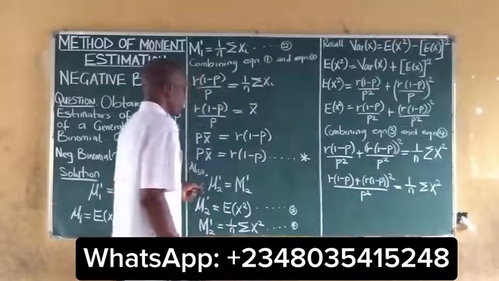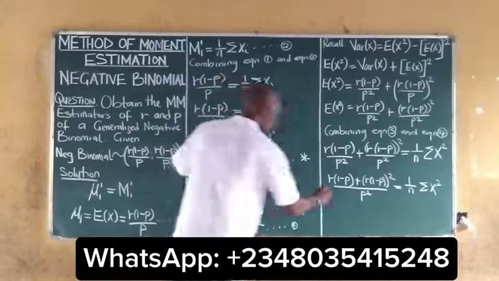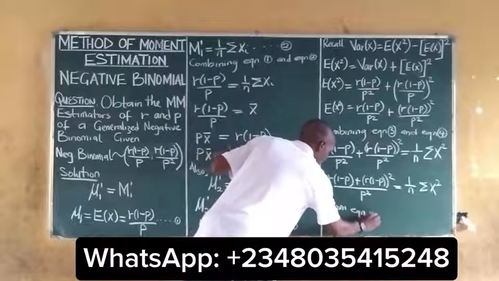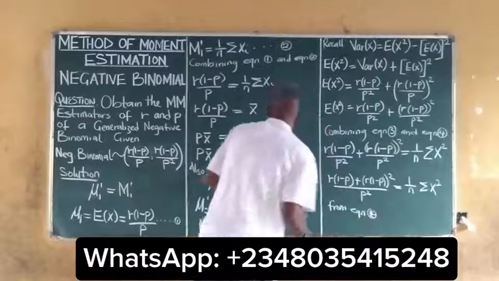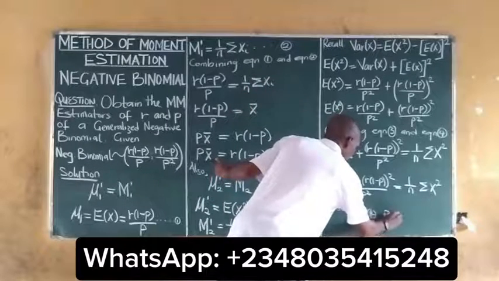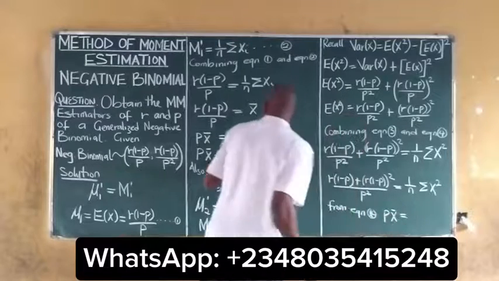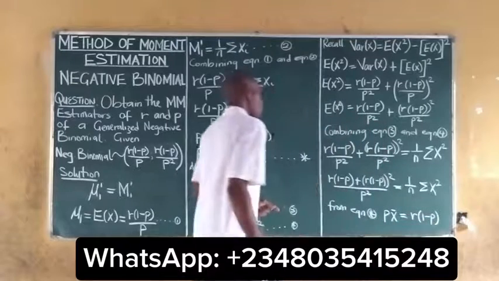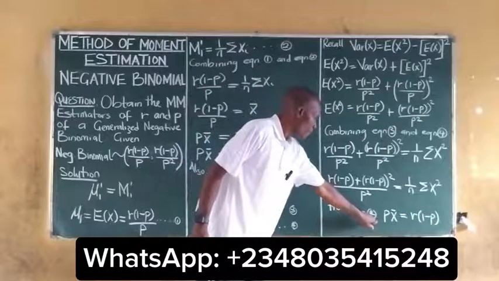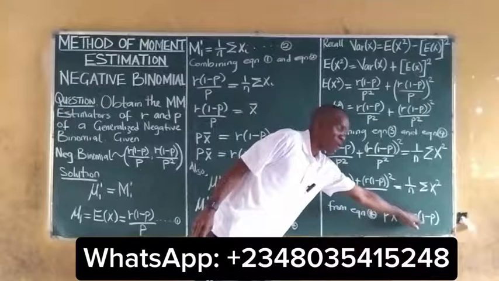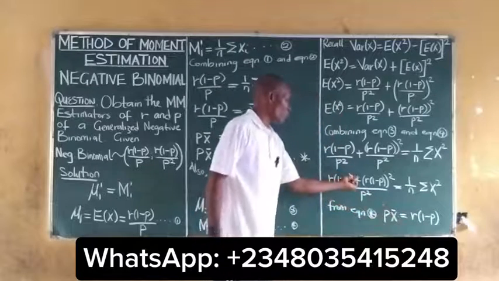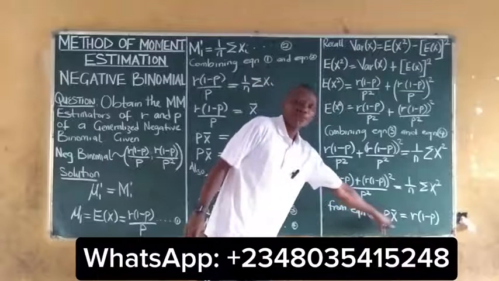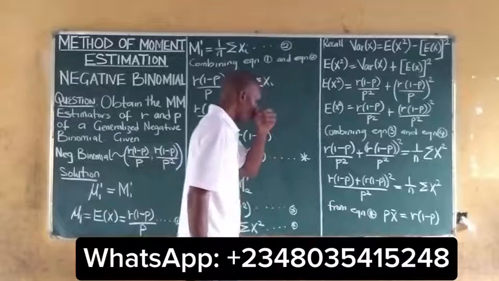Then we'll recall that from equation star, we have that p x bar is equal to r(1 minus p). So we substitute this equation star. Anywhere we see r multiplied by (1 minus p), we substitute it with p x bar. It then means that the whole of this will now become p multiplied by the mean.